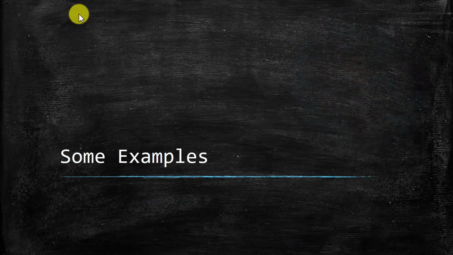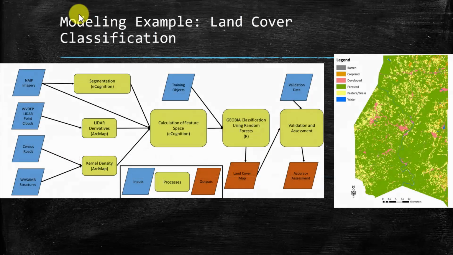Alright, so before we get into it, I just wanted to provide some examples of how we can use machine learning to actually make predictions over a map space. One of the very common applications of machine learning in remote sensing is land cover classification. So trying to predict using images and training data what an area in the landscape is likely to be.